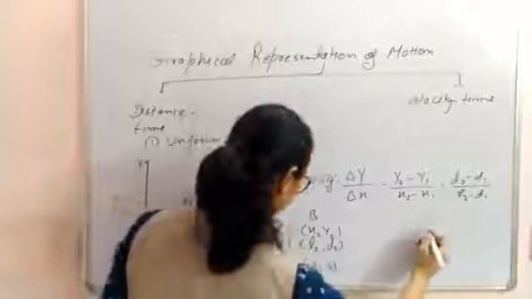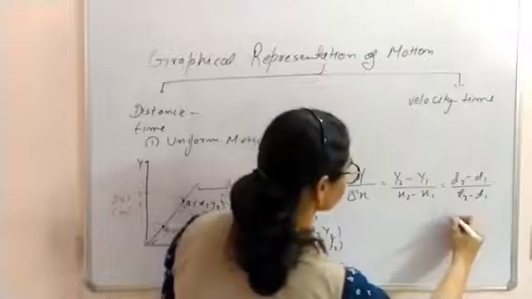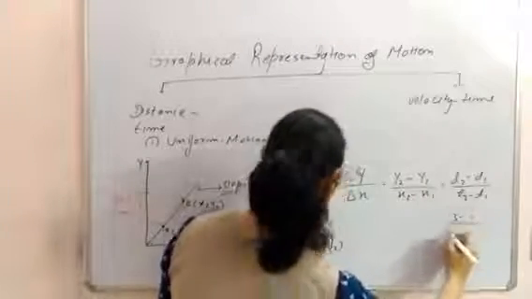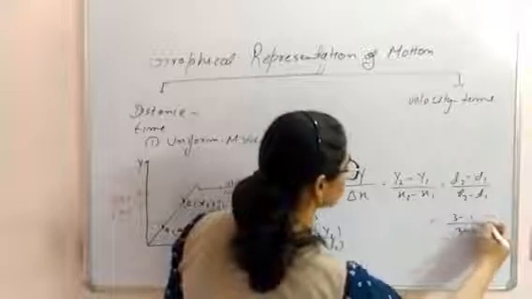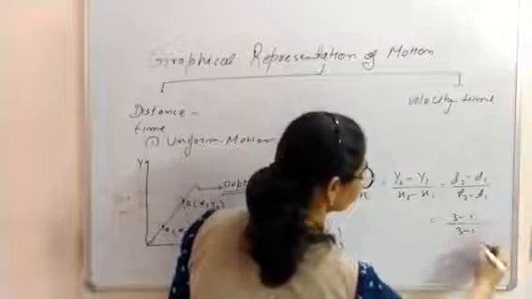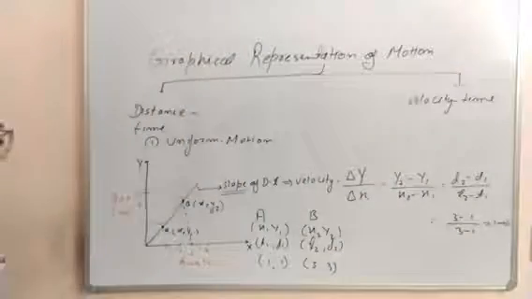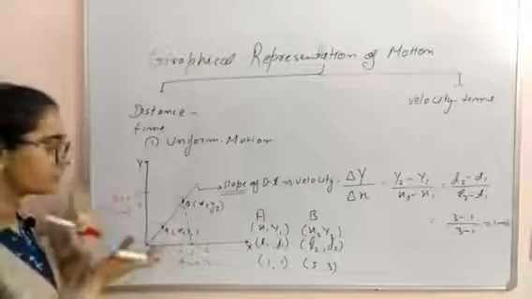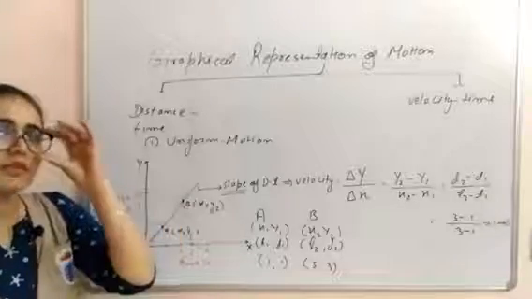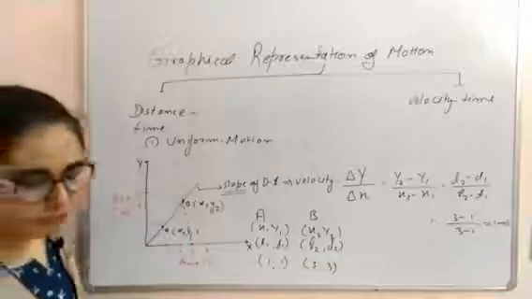Putting the values, it is 3 minus 1 upon 3 minus 1, which equals 1 meter per second. So with the help of a simple graph, we can calculate velocity.